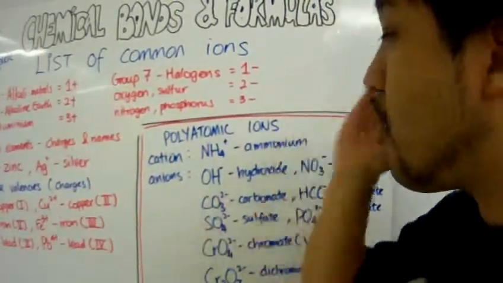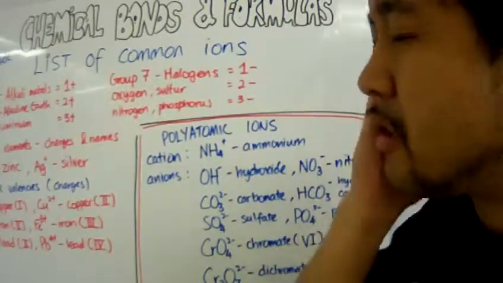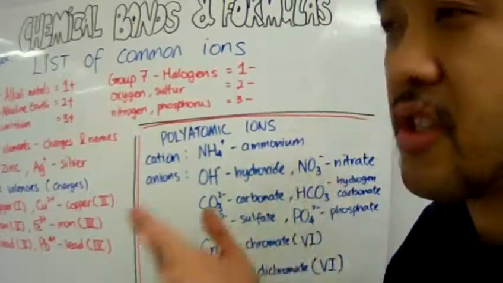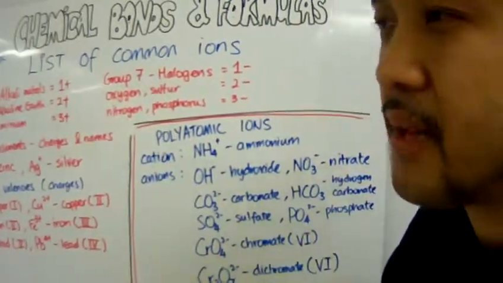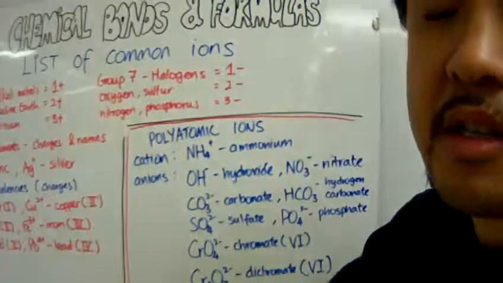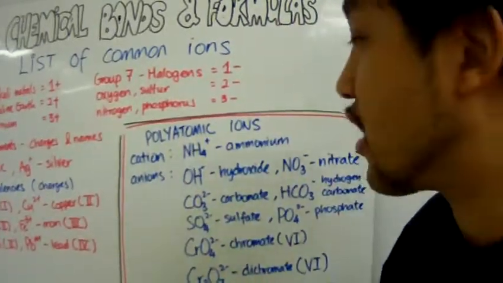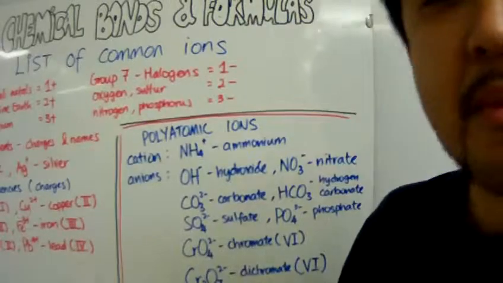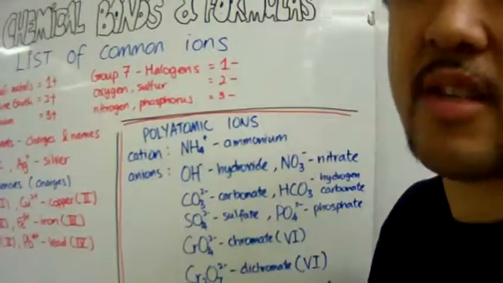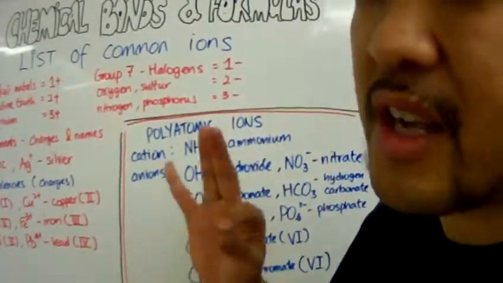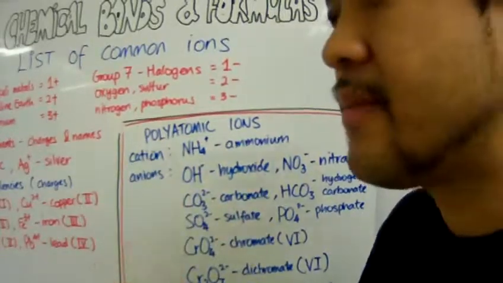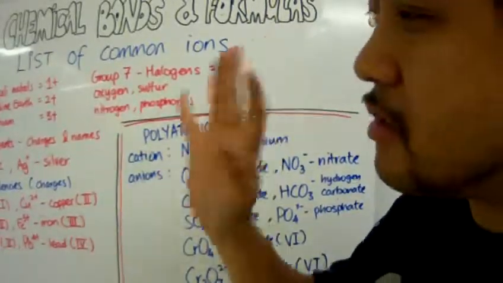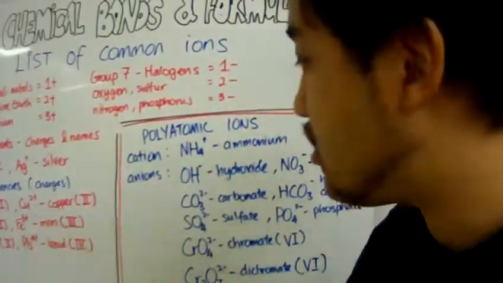You can actually draw the diagram of these polyatomic ions, but that is beyond the scope of this curriculum. So you end up memorizing a whole bunch of them just to get yourself familiar with them.